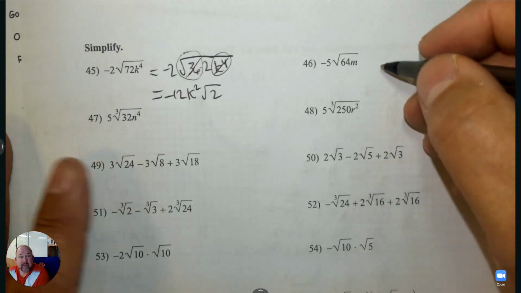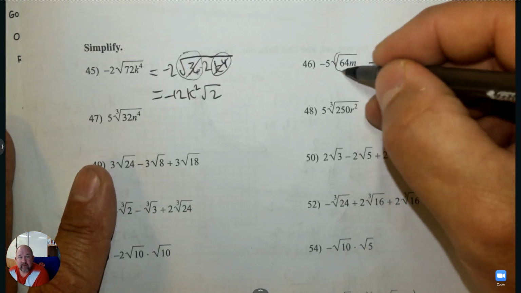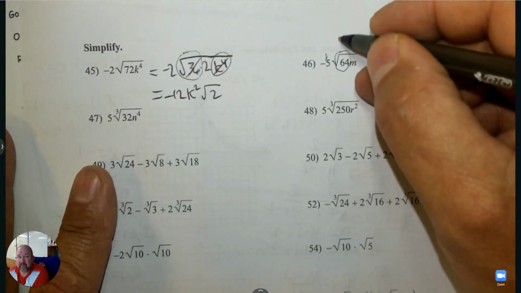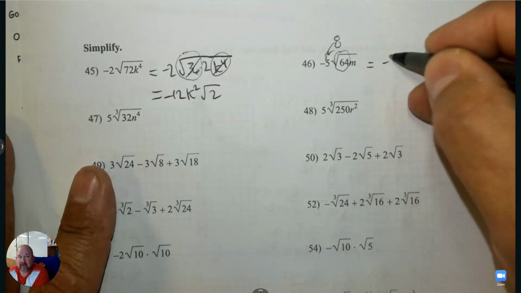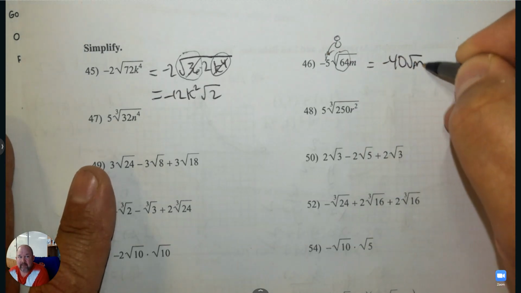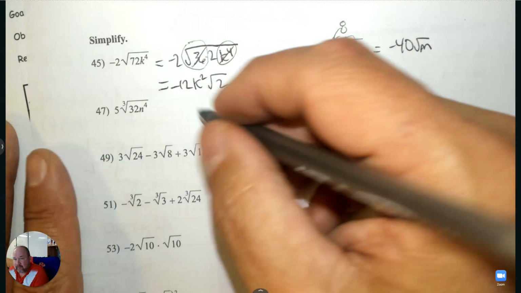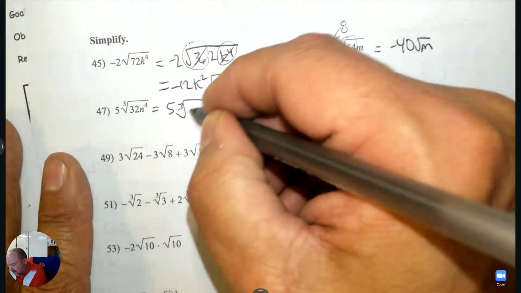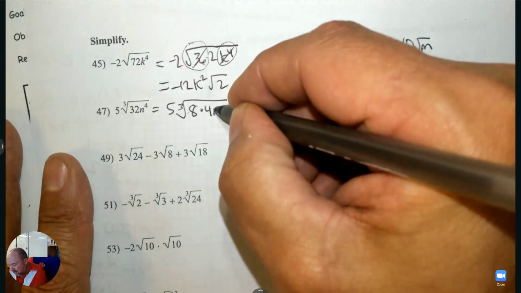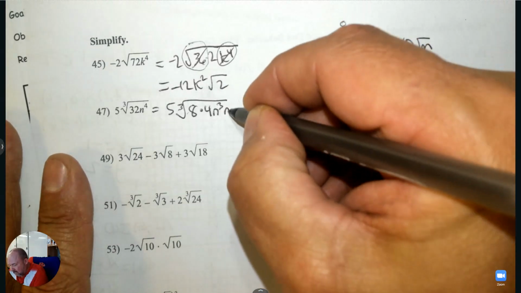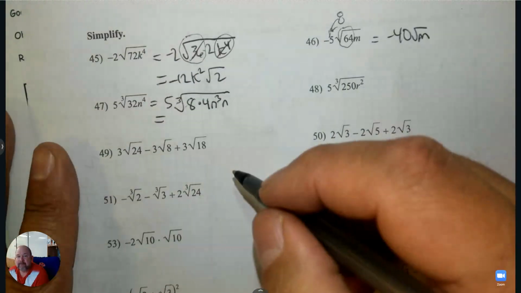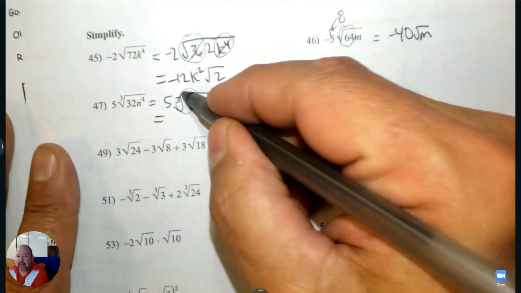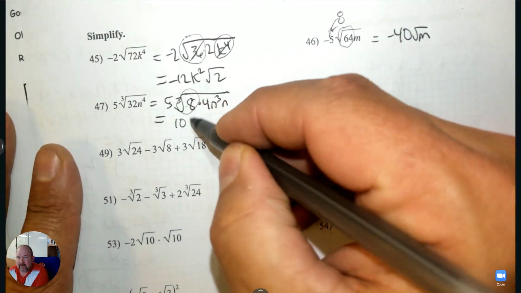That's it. The square root of 64 is 8. So it's 8 times negative 5, that's negative 40. M is prime. 32 can be written as 8 times 4, and then n can be written as n cubed times n. And then the cube root of 8 is 2 times 5 is 10.